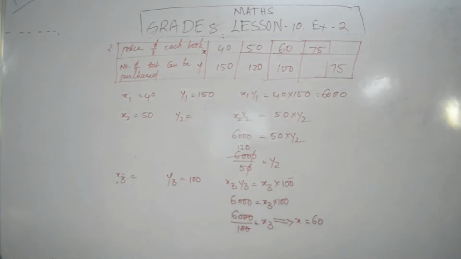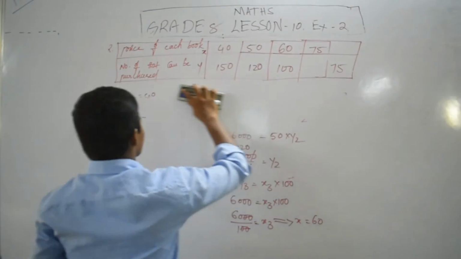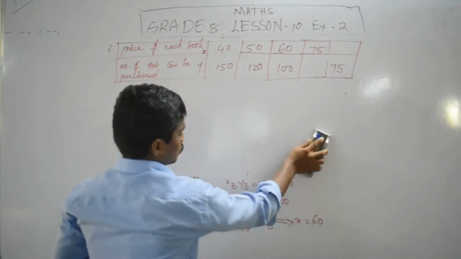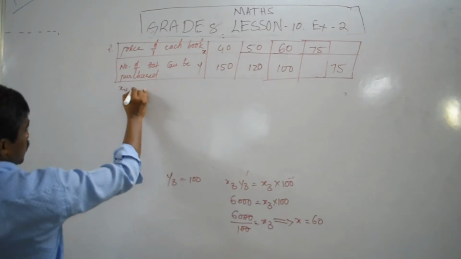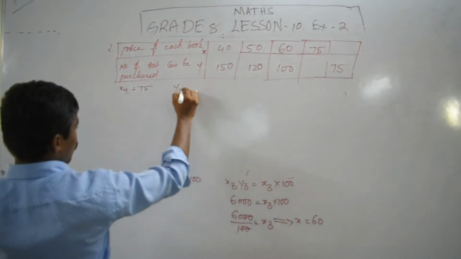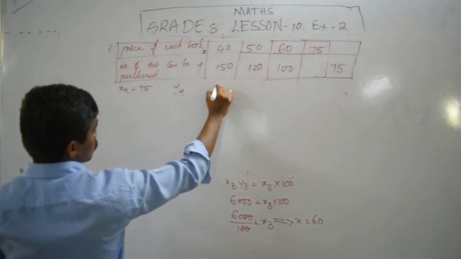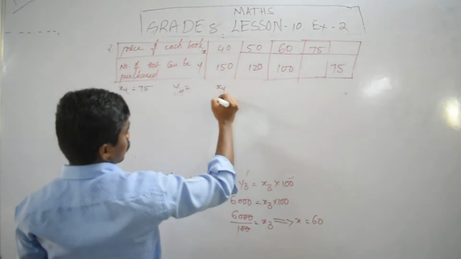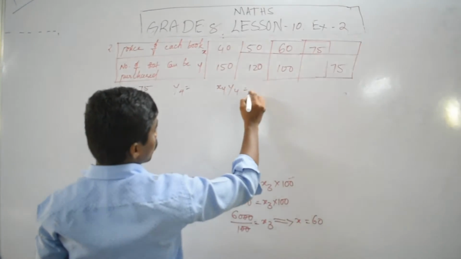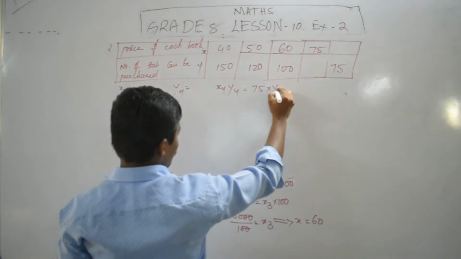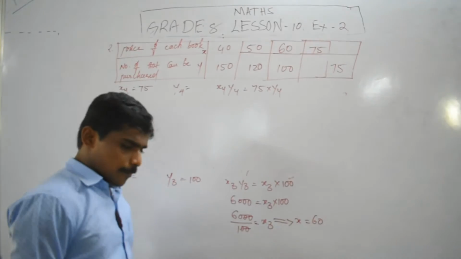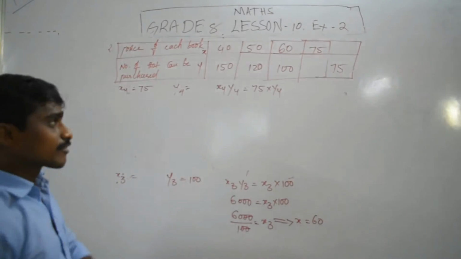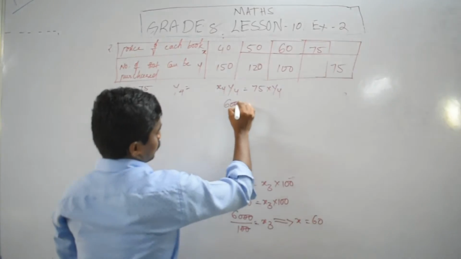Next one. Here x4 75, y4 we don't know. So x4 y4 equal to 75 cross out to y4. So x4 y4 is inversely proportional, we have said, that is equal to the 6000.